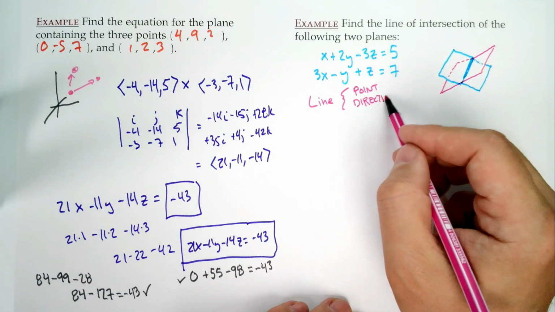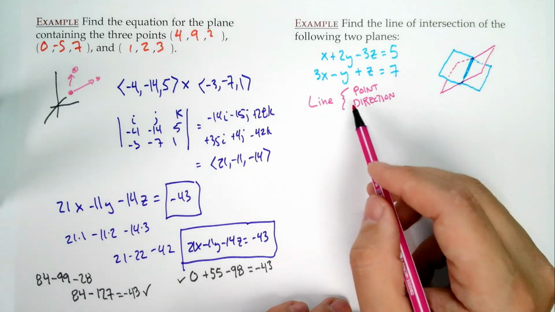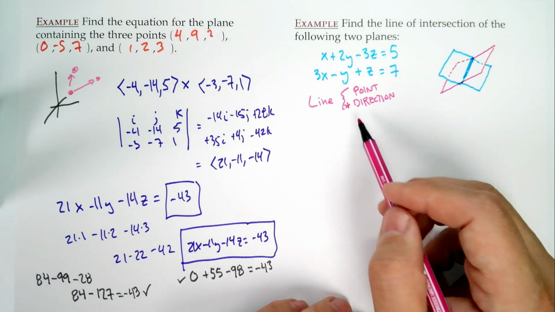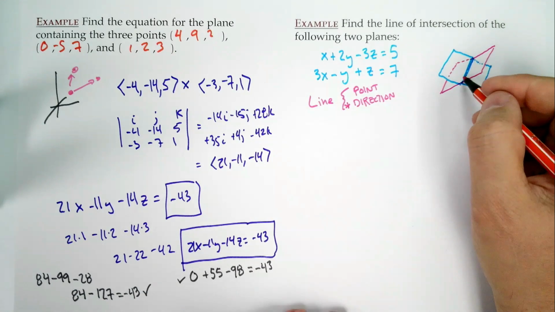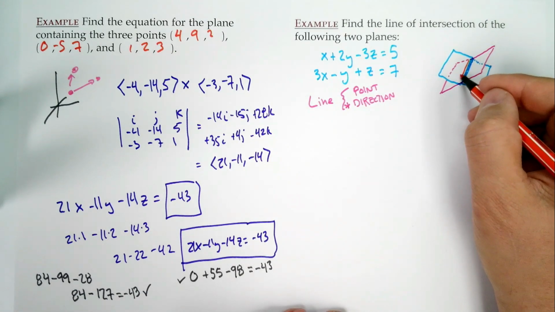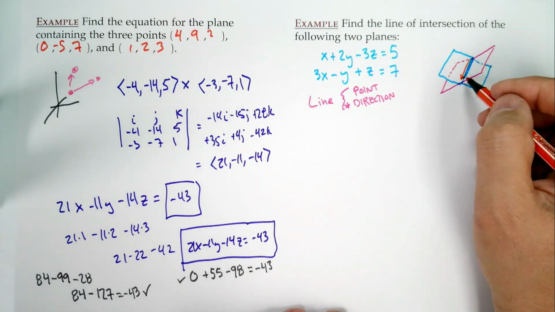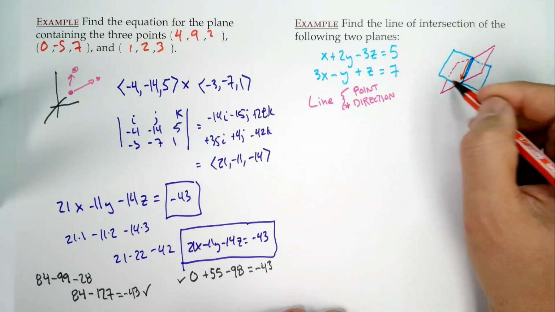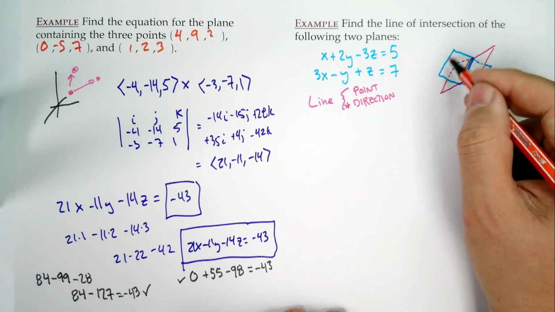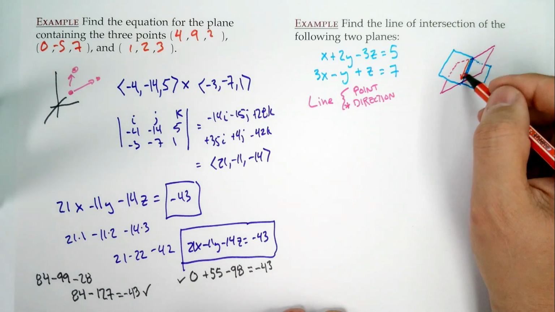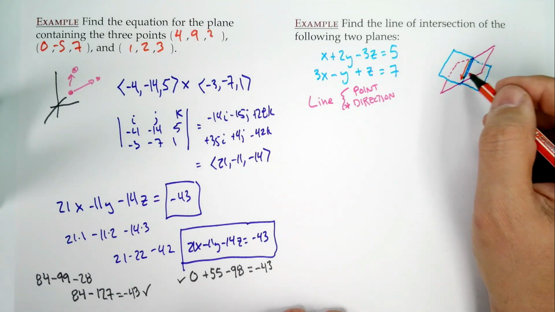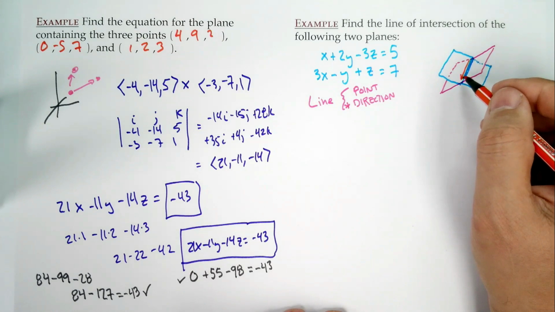So we start thinking about what to find. Let's focus on the direction first. So what's true? Well, if we think about the picture here, we have a line, and this line has to be in the first plane, say this bluish plane. So that means the vector, which is the direction of the line, has to be a vector in that plane.